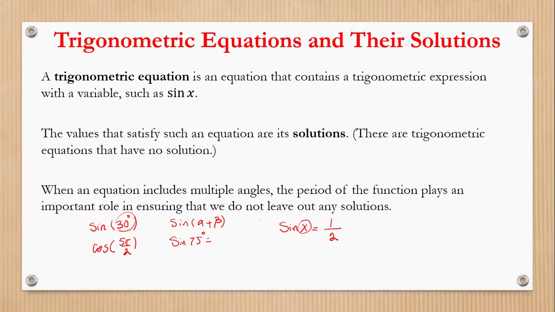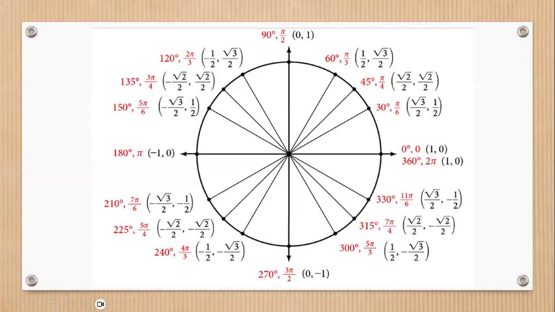That's why looking at this table can help us. This picture actually gives all the angles in one rotation of the unit circle, the angles in degrees, in radians, and also a coordinate point for each angle, where the x of this point is the cosine and the y is the sine.